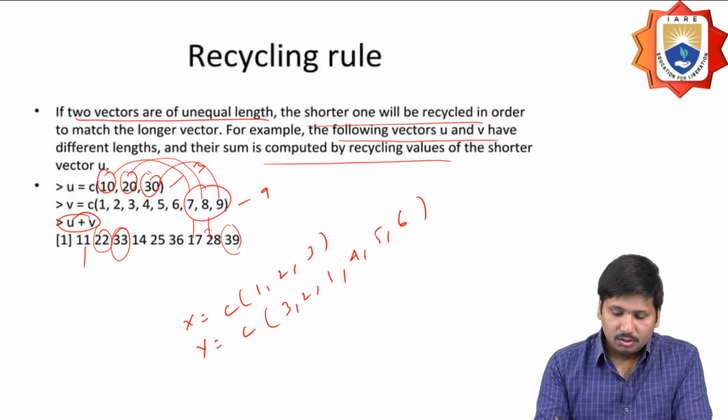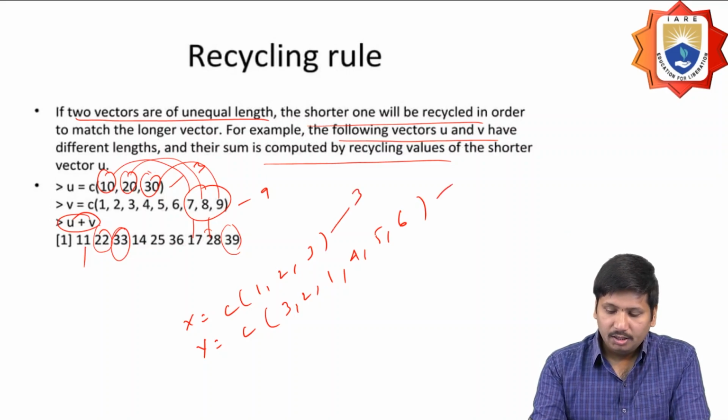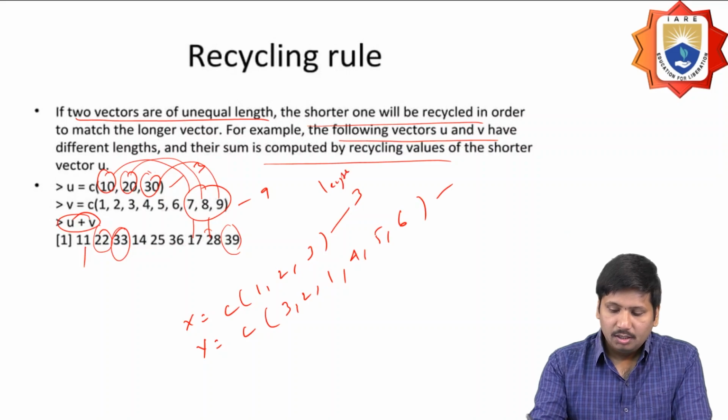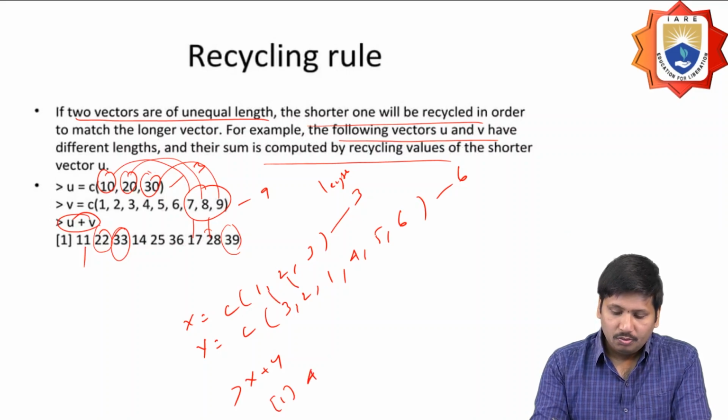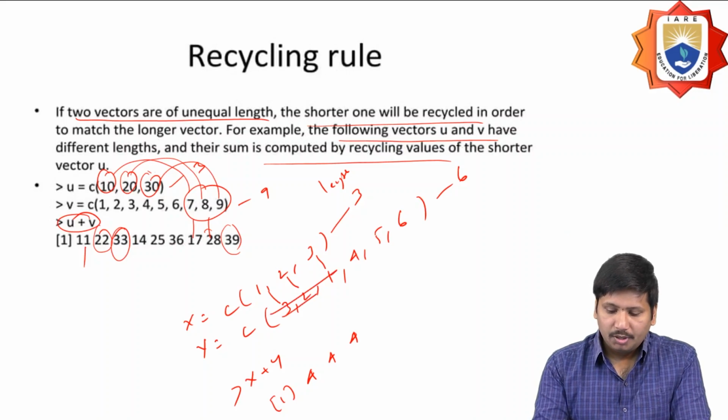Here the length of x is 3 and the length of y is 6. If I write x plus y, what should the output be? 1 plus 3 is 4, 2 plus 2 is 4, 3 plus 1 is 4. So this part is completed.